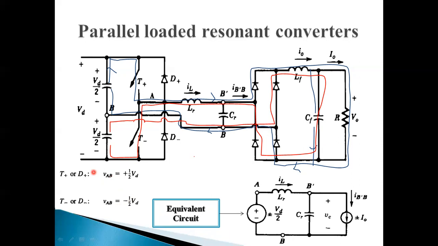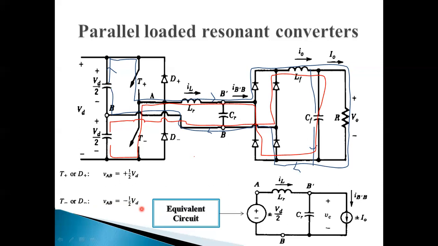In the discharging time in our first mode, D plus is conducted. At that time the same VAB voltage is equal to positive VD by 2, and in the T minus conducted time, in the discharging time the voltage across VAB is equal to 1 by 2 VD.